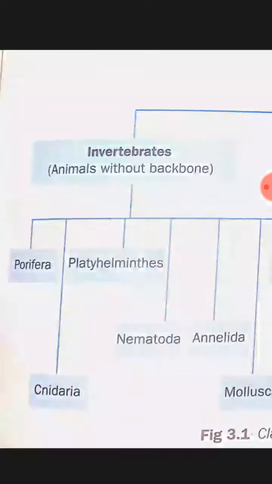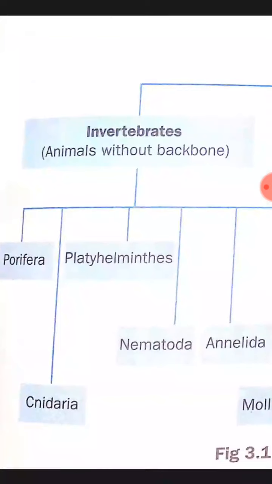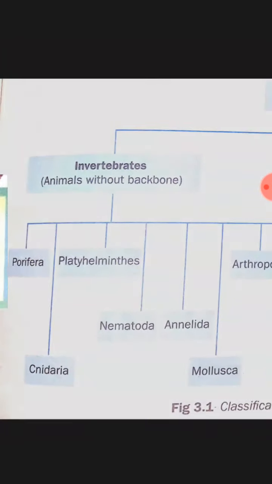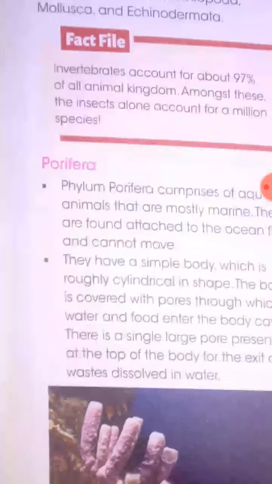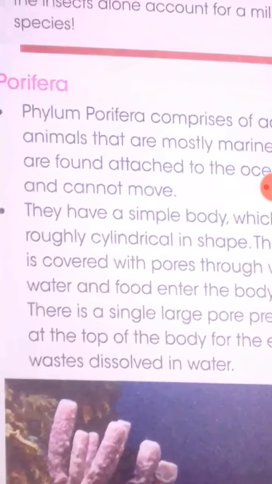Welcome again to the second part of the lecture, and we continue our chapter Kingdom Classification 2. Already we have discussed the classification of animals, invertebrates and vertebrates, and we continue with the phyla of the invertebrates. The first phylum, Porifera, we have already discussed, with its characteristics and examples.